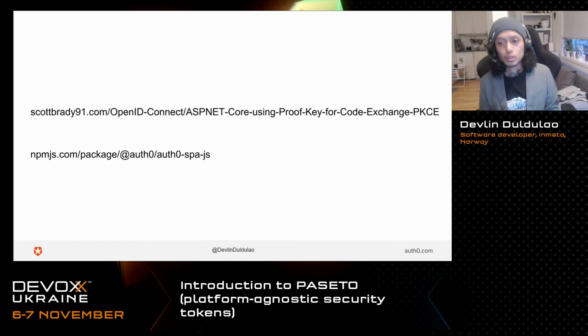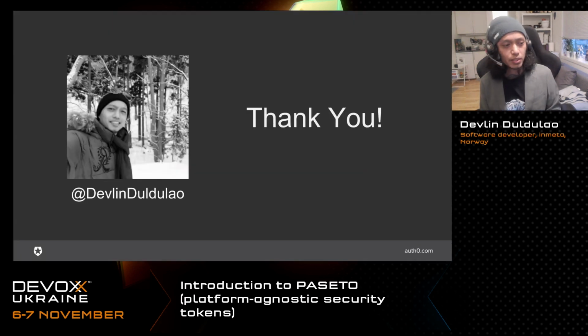You know, how to do some best practices in security. And yeah, so that's it. That's a quick introduction of PASETO, just a replacement or alternative to JWT if you want to try. So yeah, I hope you learned something here.